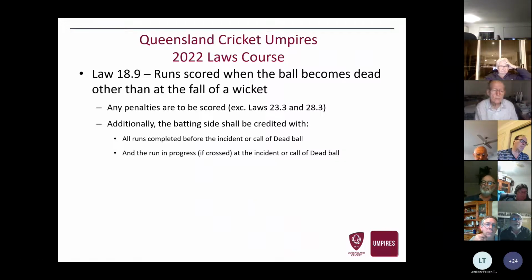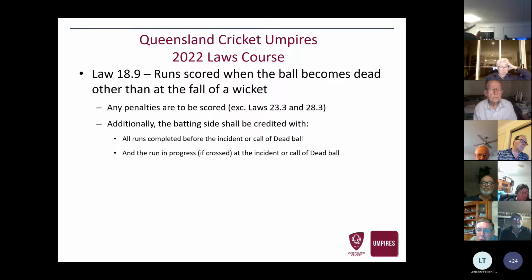So as an example of this, one that occurred in the Women's Big Bash a couple of seasons ago, the batter has hit the ball down to long on, and as they're running through for a single, they've just crossed, and the batter has rolled their ankle and fallen down in a heap, and unable to continue.